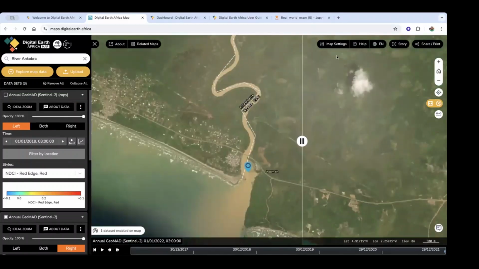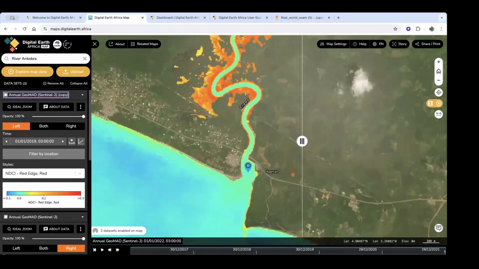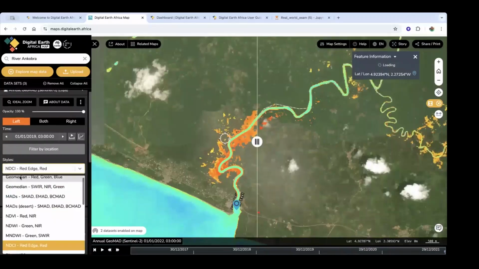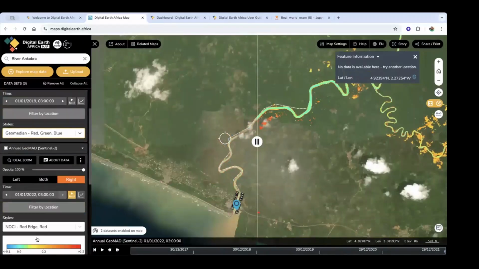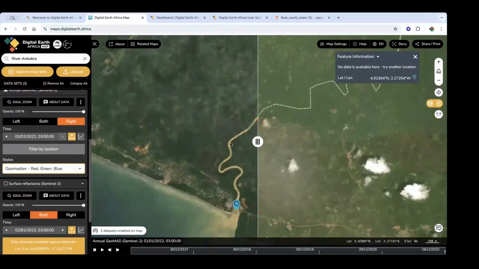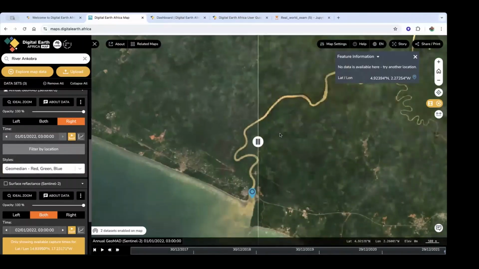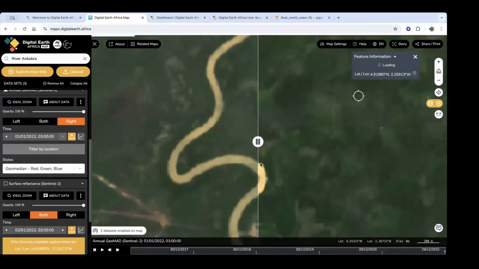And this is the situation. So when I load on the right, I'll be able to see some areas. And also when you're not sure, we can always go back to the original view, where we can remove the base map and remain with the GeoMAD. And this is the area.